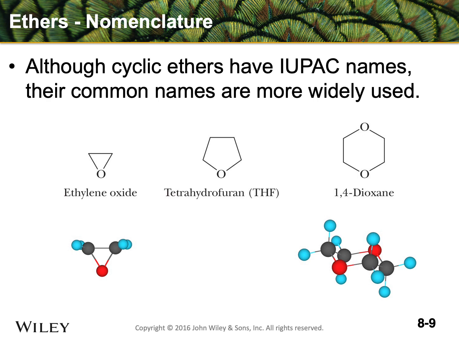When we name ethers, we also have cyclic ethers to worry about. For example, this is our smallest cyclic ether, we have 2 carbons, which is ethylene, and therefore we call it ethylene oxide. Another common ether is this compound right here, which is tetrahydrofuran. We have a heterocycle here.